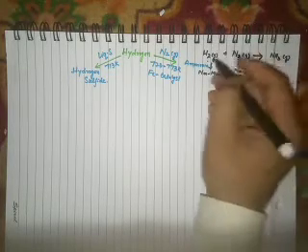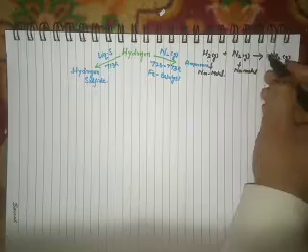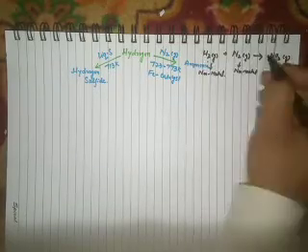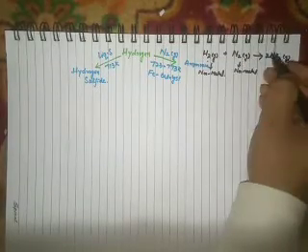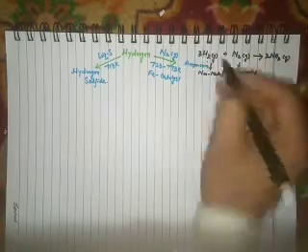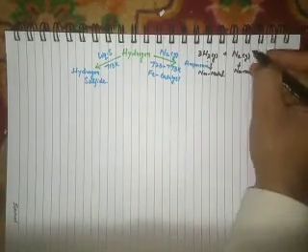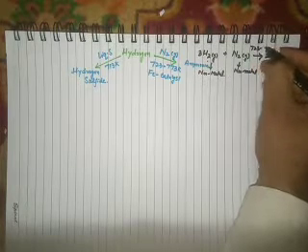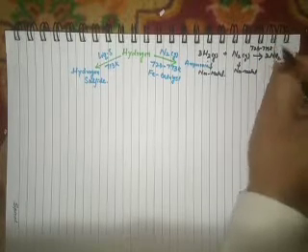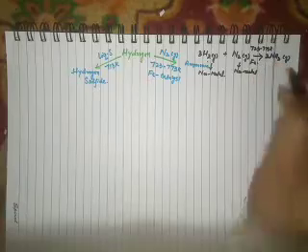So here we have three hydrogens, so it is N2 plus 3 times H2 giving 2NH3. This is the balanced chemical equation, and we use 723 to 773 Kelvin temperature and iron as catalyst.